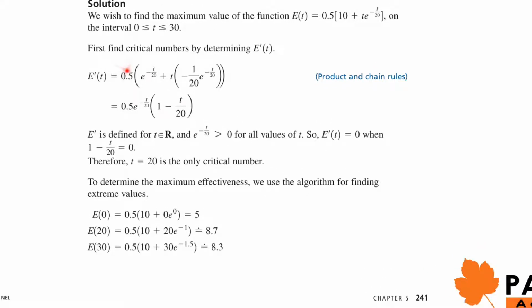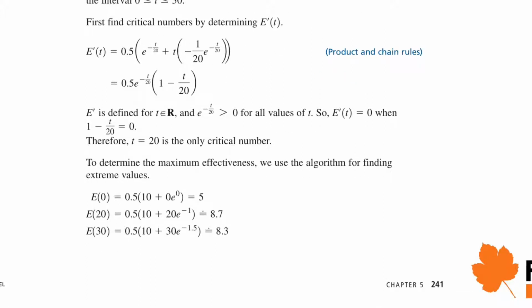The derivative would be 0.5 times the derivative of the inside bracket. The derivative of 10 is 0. The derivative of T e to the power of minus T over 20 can be found using the product rule. Therefore, the derivative is 0.5 e to the power of negative T over 20 times (1 minus T over 20). If we set it to 0, we have T equals 20 as the only critical number.